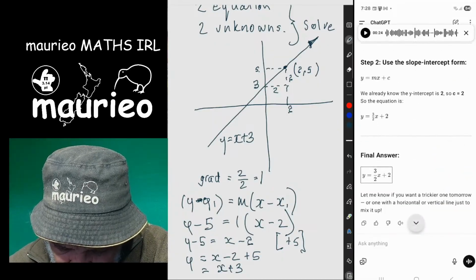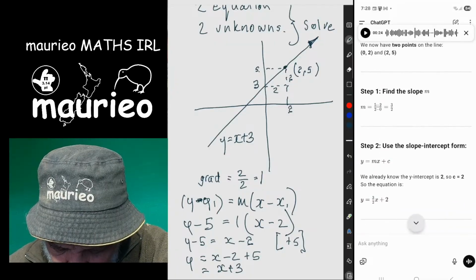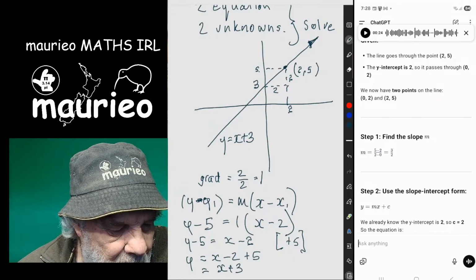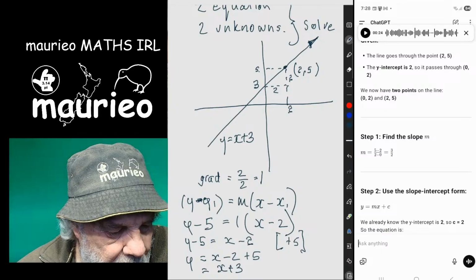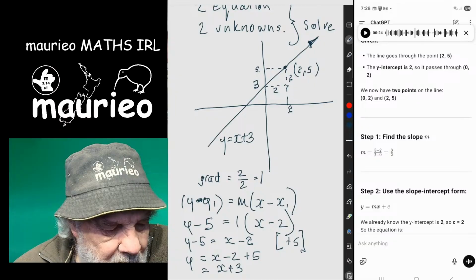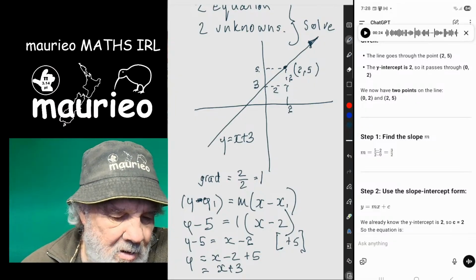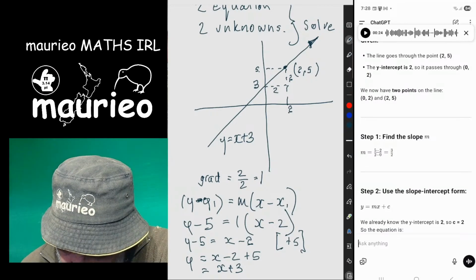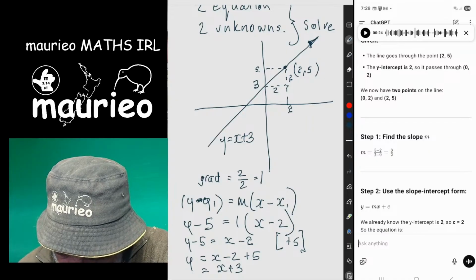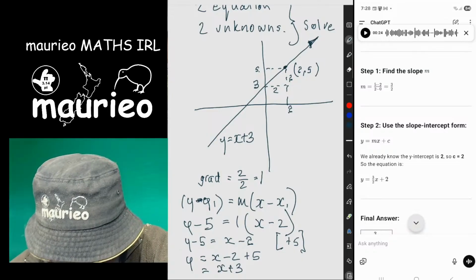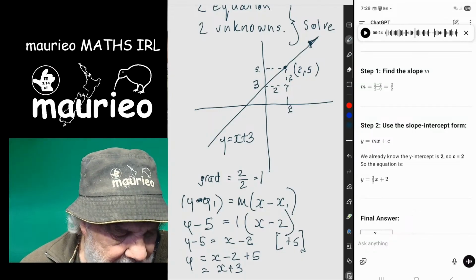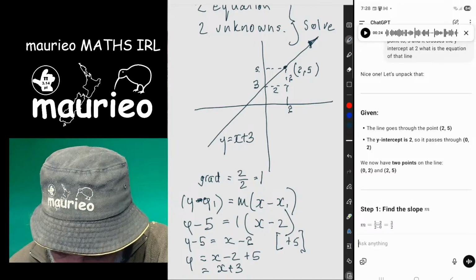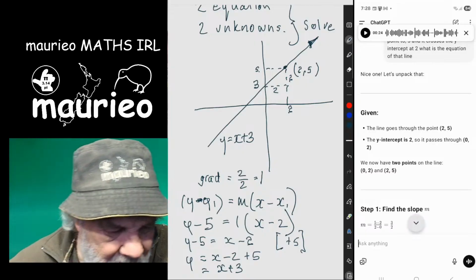And I don't think it's got it right. It's got a half x. I don't think that. Oh, okay.